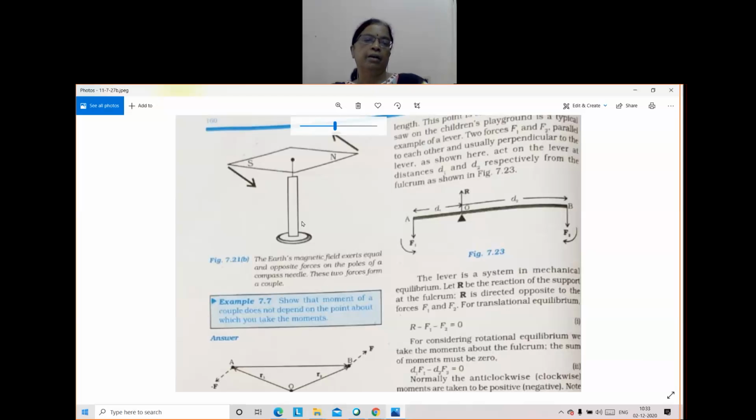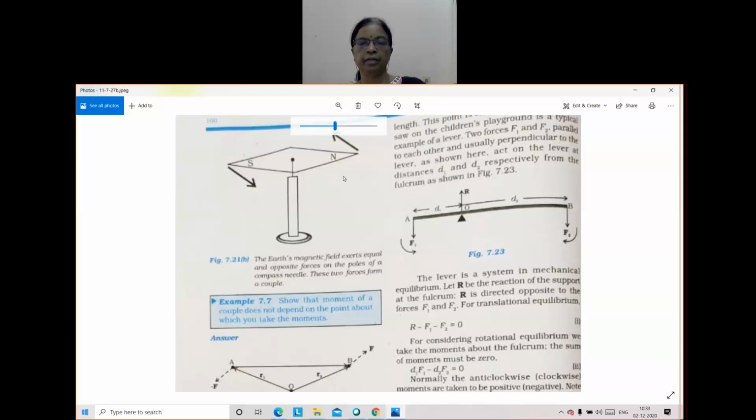So I am telling the very small thing here. Even though I go to many places, you see, I will tell in simple words. Here, when a compass needle is kept, the Earth will exert equal and opposite force on the poles. On the north pole it exerts a force; magnitude and all I am not telling, that you will study next year.